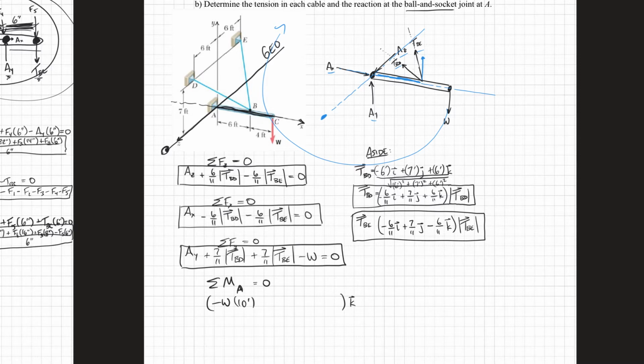The other portion is pulling into or out of the board, depending on which one we're doing, and it's going parallel to this line, so it's not going to cause it to spin around that line. So the portion that's going straight up is going to cause things to spin counterclockwise, so it's going to get a positive sign, and it's just the y component. So we're going to do the y component, plus 7/11 of TBD.